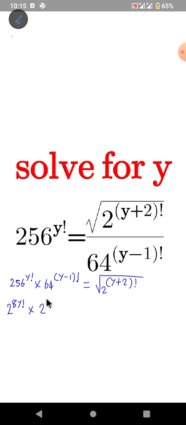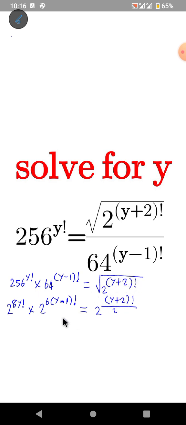So we say 2 raised to the power of 6 bracket y minus 1 factorial, then all equal to, now this expression here I can write as 2 raised to the power of y plus 2 factorial all over 2. Now this is according to the law of indices.